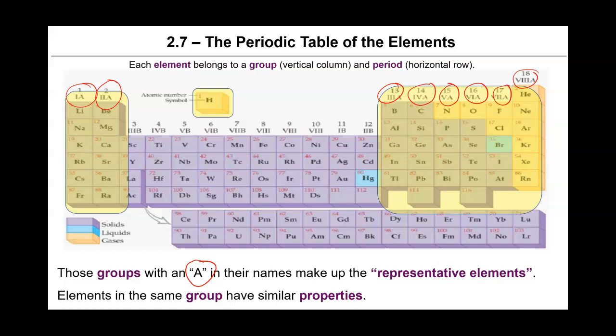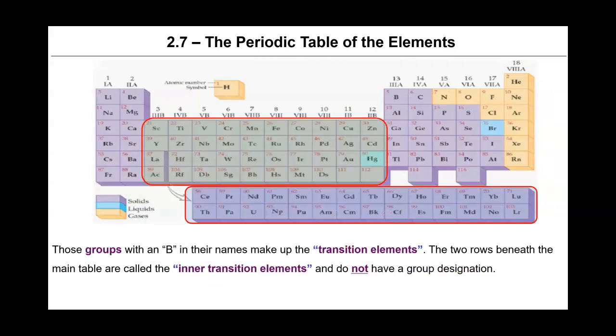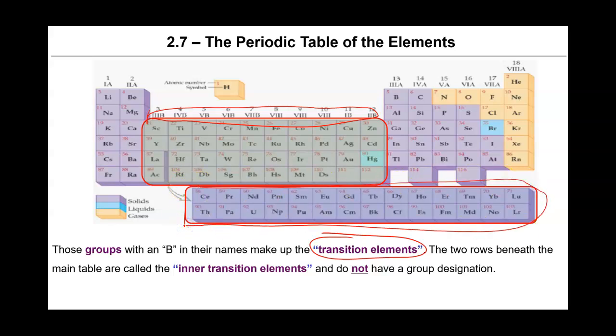Elements that are in the same group have similar properties, and that's important to keep in mind. Those groups that are in the central part of the periodic table that have a B in their group designation are referred to as the transition elements. There are 2 rows that are normally placed underneath the periodic table. They don't have a group number, and they are referred to as inner transition elements.